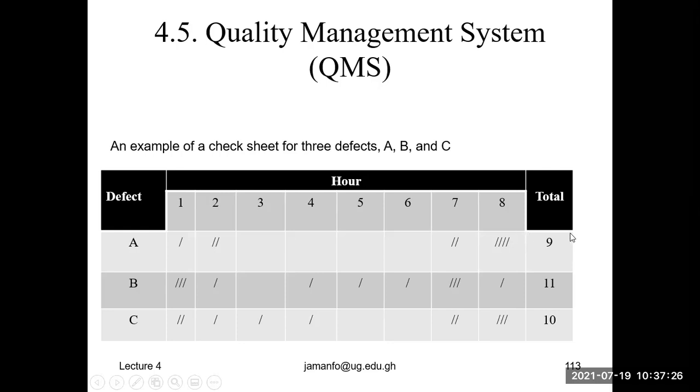And then we tally. In total, we can see that defect B and C are quite frequent. So this pushes us to take action.